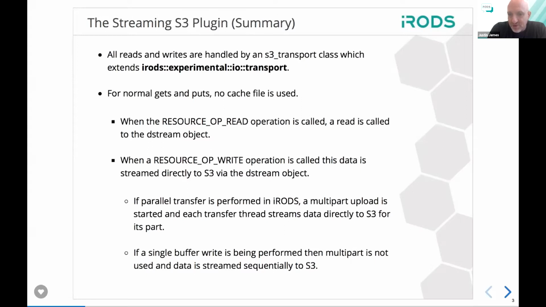It'll start a multi-part upload. Then each thread will stream data for its part directly to S3. For files less than 32 megabytes, iRODS doesn't do a parallel transfer, so we'll just do a normal upload to S3, so that one thread will do the upload. For larger files, there's a one-to-one mapping between the parallel transfer thread and the S3 part.